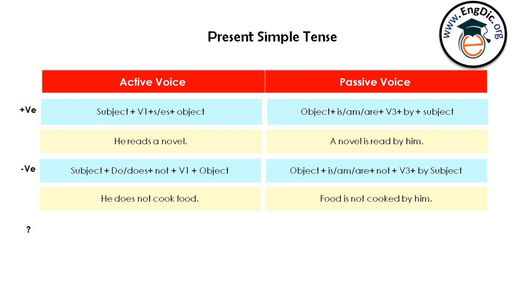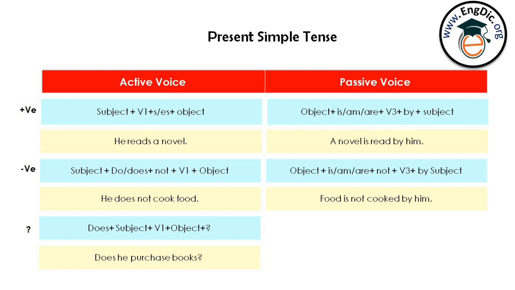Now moving towards the interrogative sentence. The formation of an interrogative sentence is so simple that we have to put does at the start of the sentence. And then we have to put the subject, then the first form of verb, the object, and then obviously the most important question mark. Don't ever forget to put a question mark in an interrogative sentence.